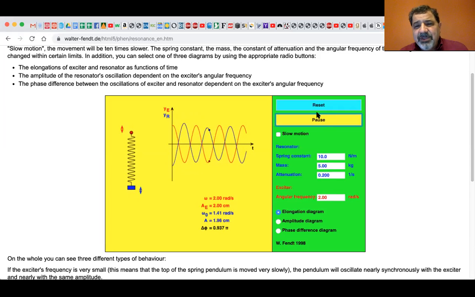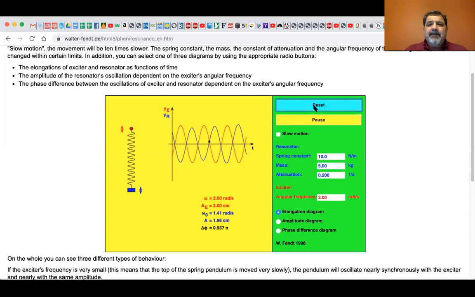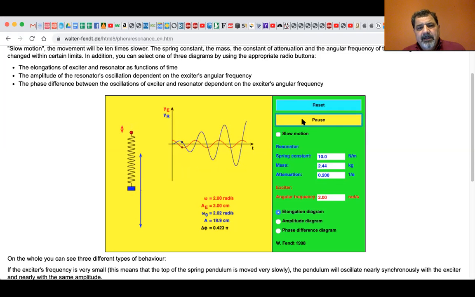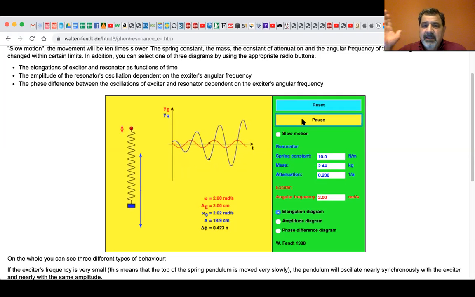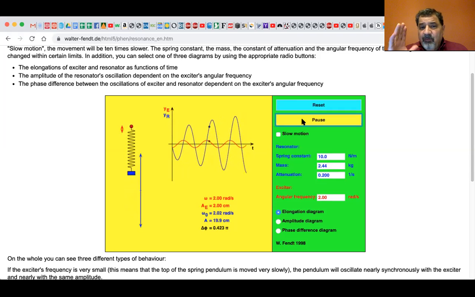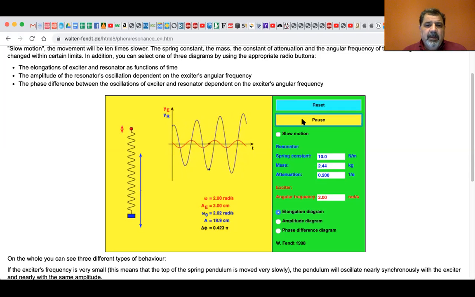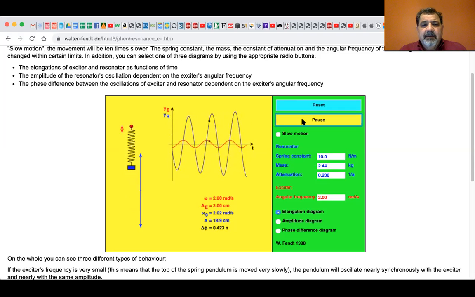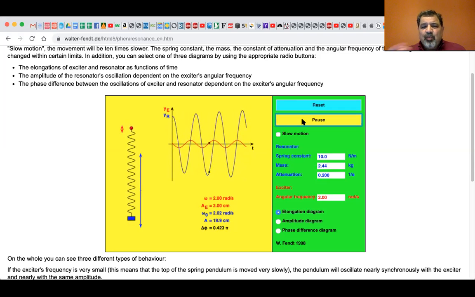Now, I've played with this before, so let's go here to 2.44, and that is the resonance. And you can see how if we go at that particular frequency, the waveform grows very nicely, because that's its resonant frequency.